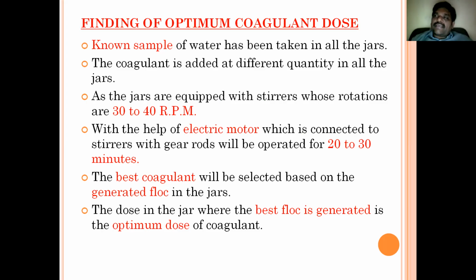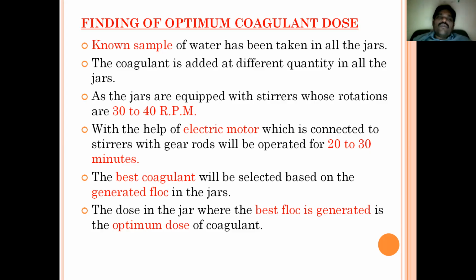Similarly, the dosage of coagulant must be known to you, because if you add less coagulant, the purpose may not be fulfilled. If you add a high amount of coagulant, there also the purpose may not be fulfilled. That is the reason the coagulants must be added as per the requirements.